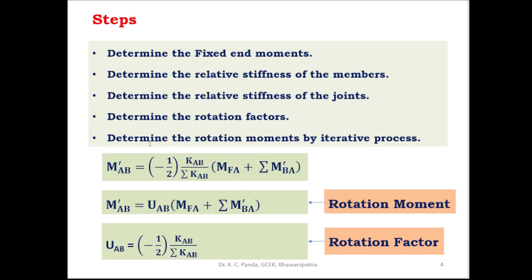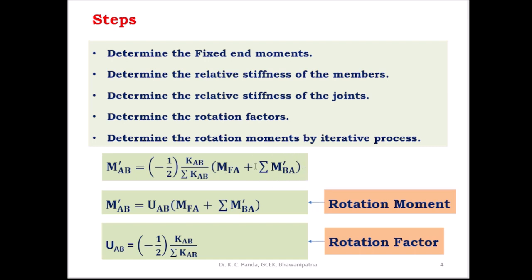So this is the formula. By using this formula you can find the rotation moments. M dash AB is equal to minus half KAB by summation of KAB into MFA plus summation of M dash BA.